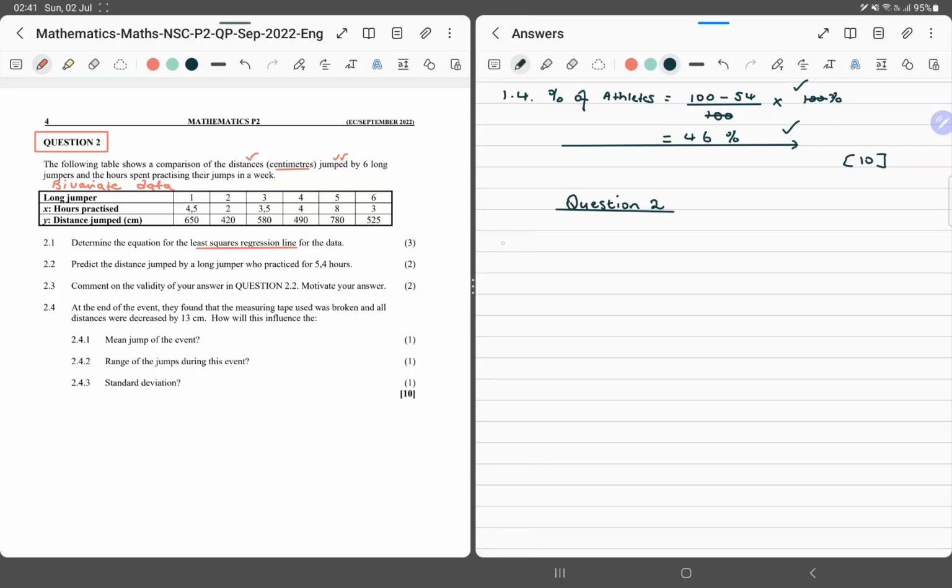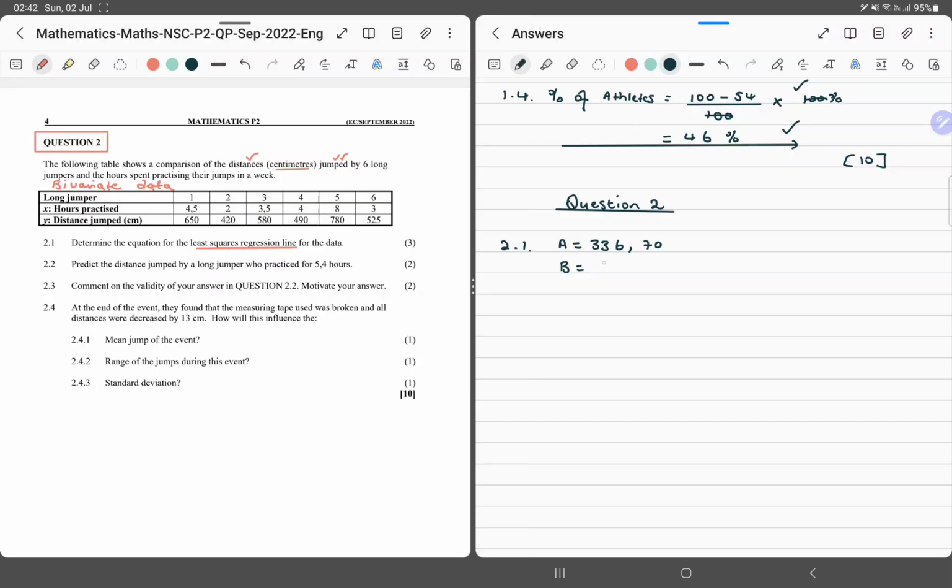So we answer like this, 2.1. Obviously we input our data, and then we go for shift, then we press button number 1, and then we press option 5, which is regression. We press A and equal sign. A becomes 336,70 after rounding off to 2 decimal places. And then we need the value for B. Again, we repeat the procedure, shift 1, 5, and then we press option 2.